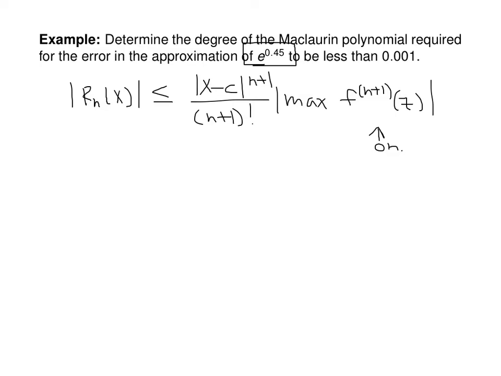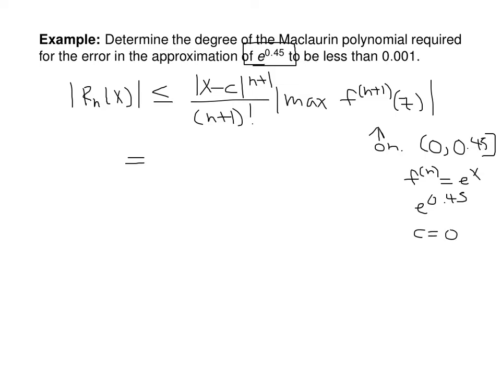If we want to approximate e to the 0.045, we are looking for the maximum of e to the x on the interval from 0 to 0.45. And so the maximum of the nth derivative, because all of the derivatives of e to the x are e to the x, will be e to the 0.45. And the c point we have right now is 0.